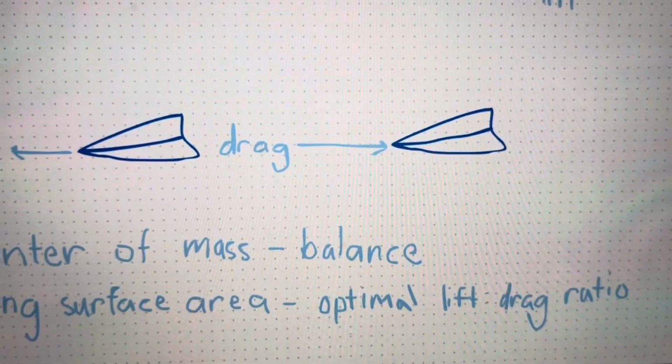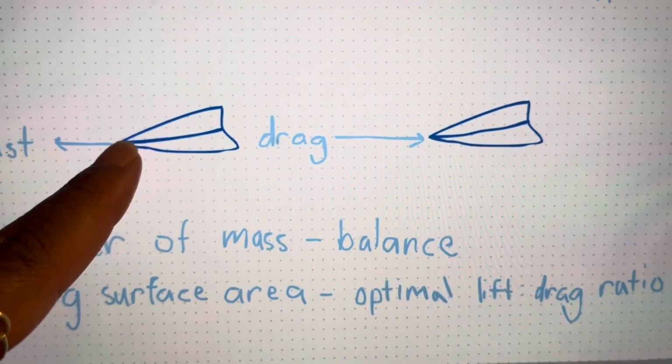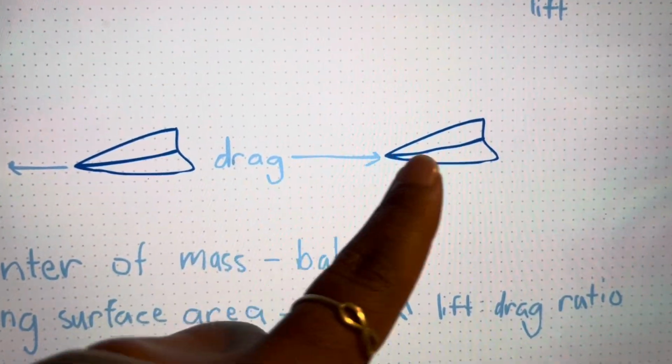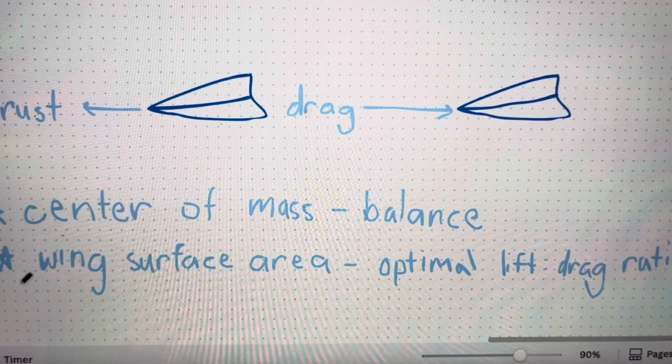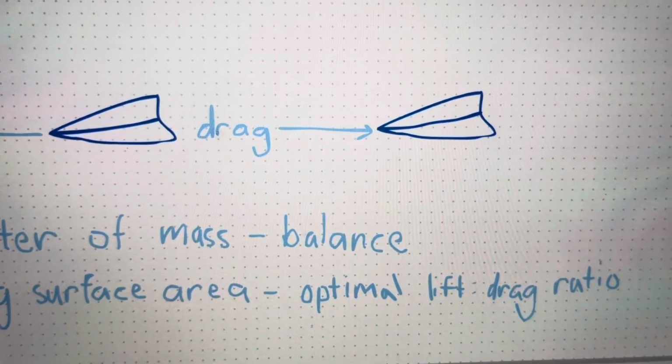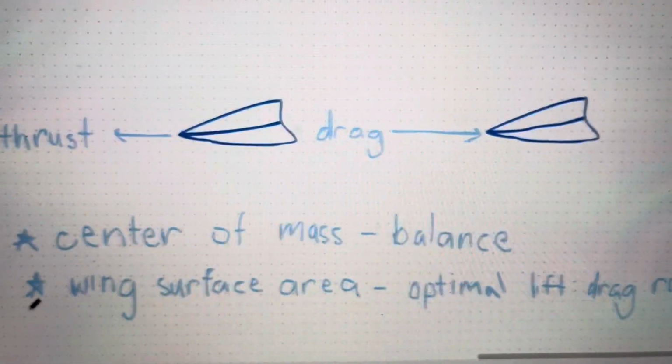However, more surface area also increases drag, which is the force that opposes the motion of the airplane. So you want the perfect surface area so that your lift to drag ratio is optimal.